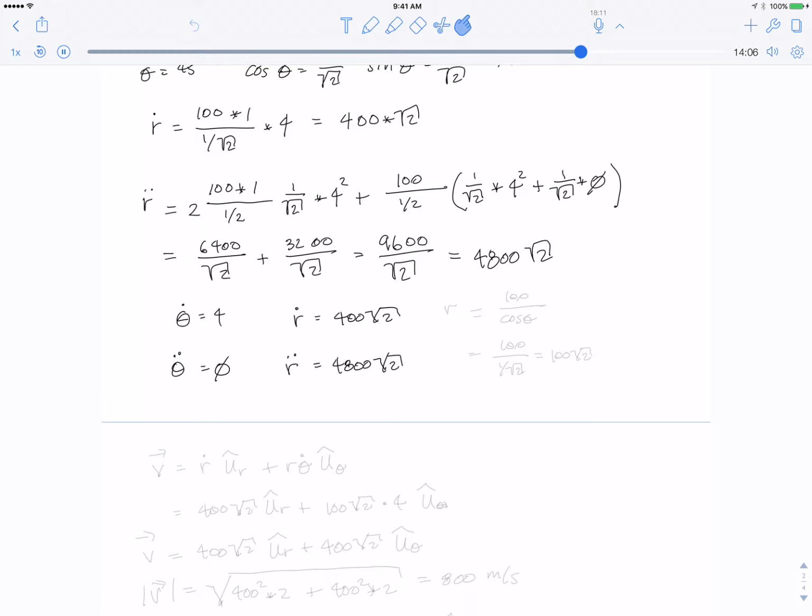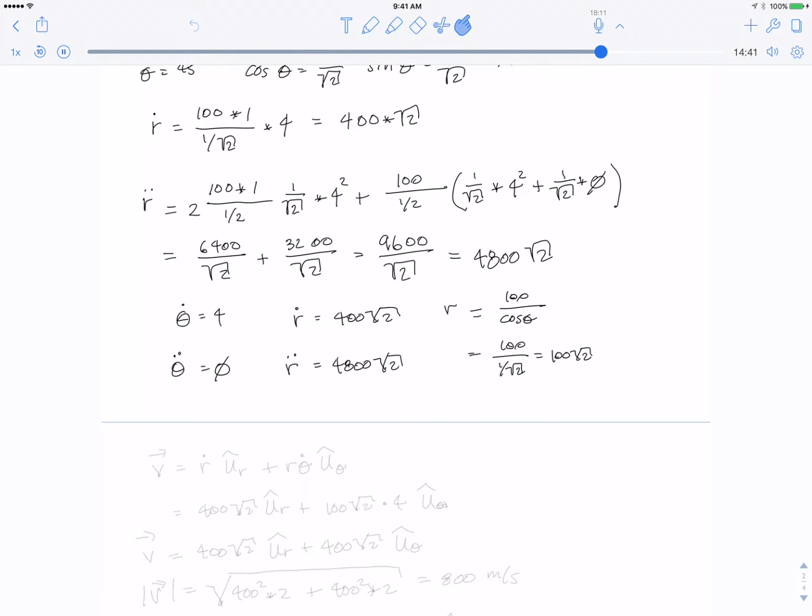So I just checked the example in the book, and amazingly, these are all right, but I did see that eventually I'm also going to need r. We know that r was 100 over cos theta. That's 100 over 1 over square root of 2. So that's 100 square root 2.